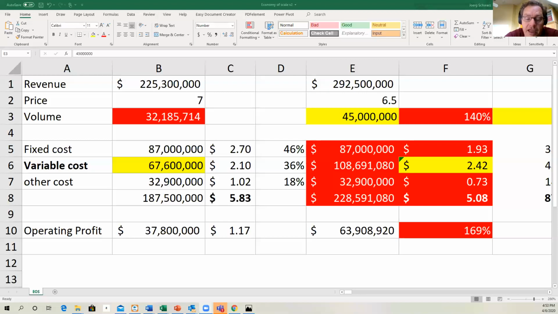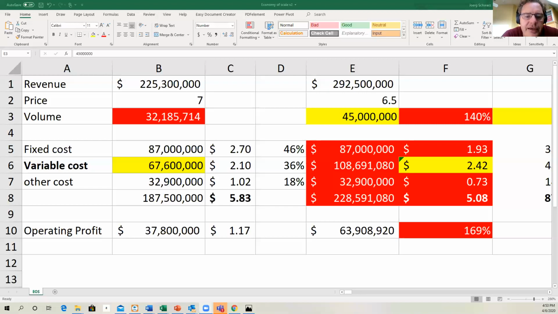Or after a couple of years, if they keep losing money, they might increase the price as well, because they just lost so much money. They have to, at some point in time, increase the price so they can stay in business.